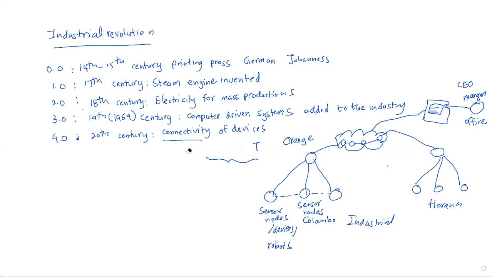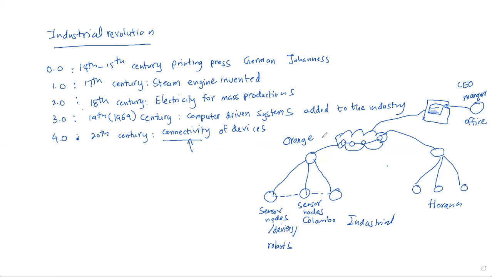So I was talking about the industrial revolution number 4.0. So the main focus of Industry 4.0 was adding connectivity to the devices in the industrial scenario, adding connectivity to the components in the industrial scenario, right? So you're in the industrial domain, and maybe you have experience with industrial production lines, and you have worked with them.